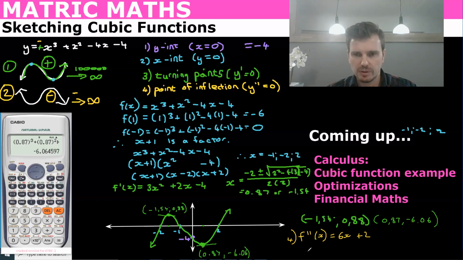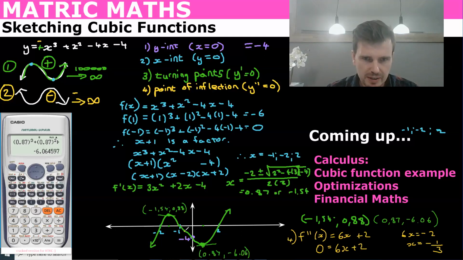And I'm going to tell you what that is now. So we make that equal to 0 like we did with the normal derivative, 6x plus 2. And then we take the 2 to the other side, we get 6x equals -2, x equals -1/3. And so that would be about here.